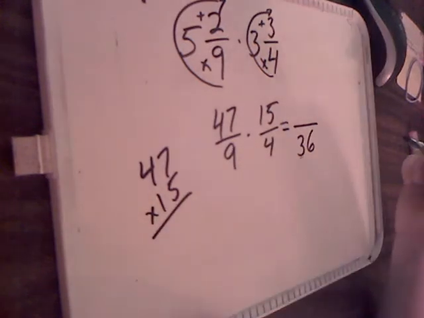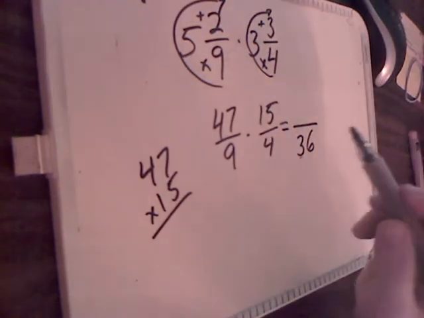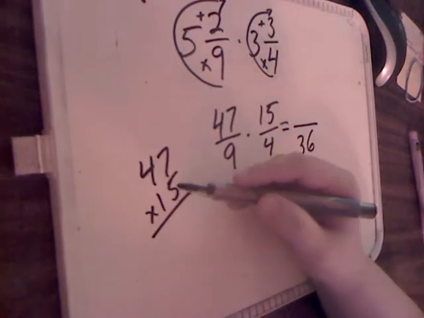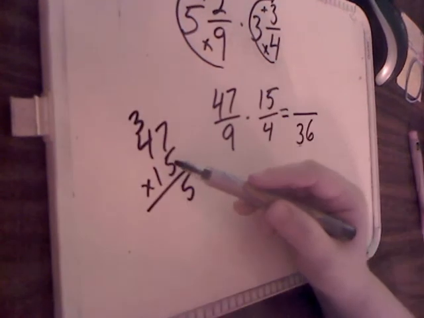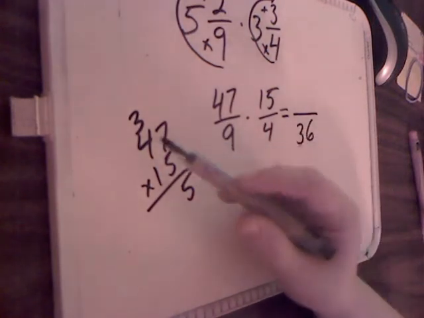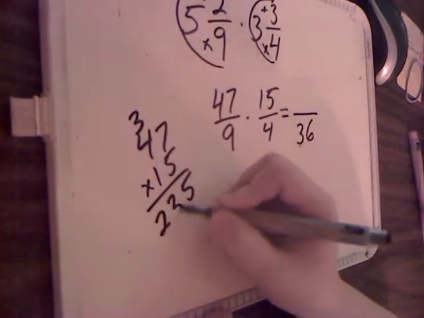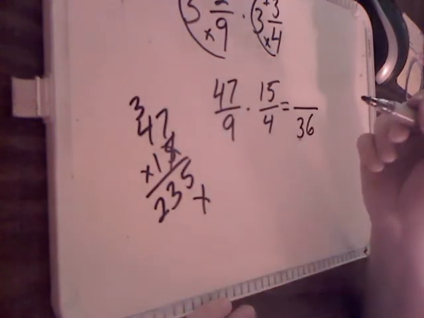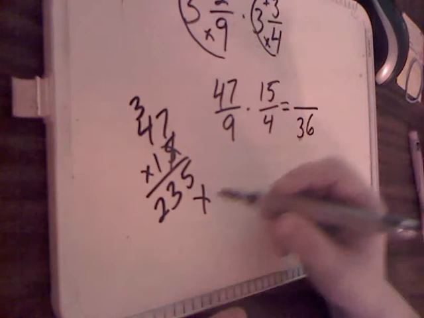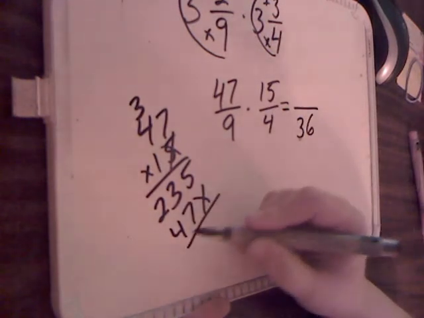So what we're going to do is 7 times 5, which is 35. 5 times 4 is 20, plus that 3 is 23. I'm done with the 5, so we're going to cross that off. Now we're left with multiplying by 1s. Well, that's easy. We have another 47.